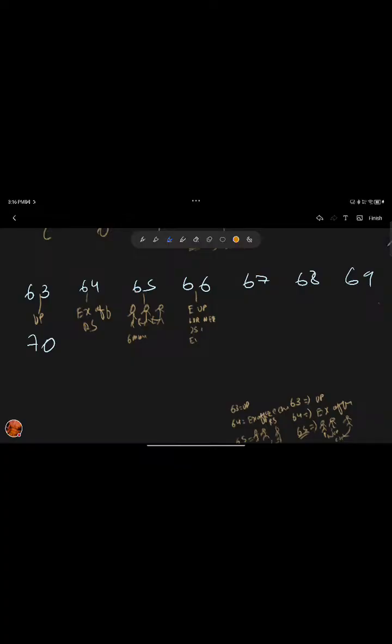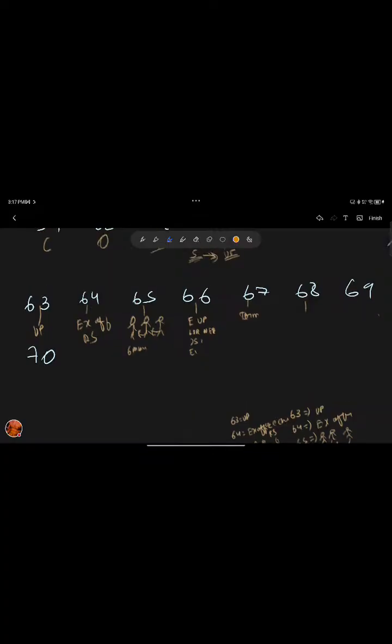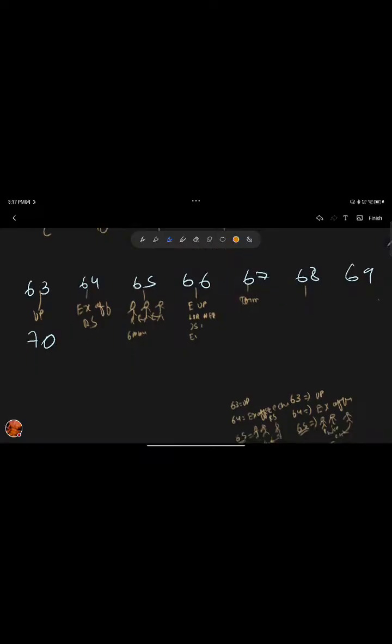Then 67 talks about term. We had talked about election, now we'll talk about term. His term is 5 years. Then 68 will talk about the removal, re-election of vice president.